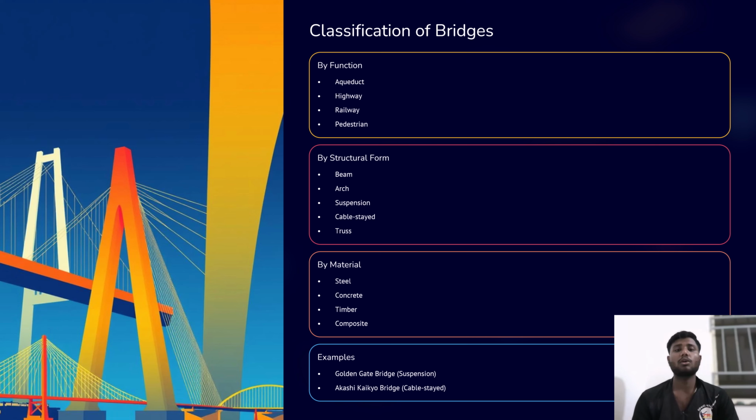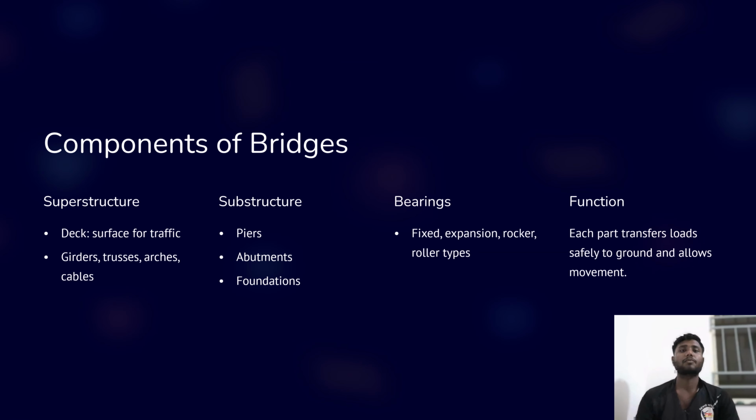In the current scenario, mainly concrete and steel bridges are in the lead in India. Examples are the Golden Gate Bridge, which is a suspension bridge, and the Akashi Kaikyo Bridge, which is a cable-stayed bridge.